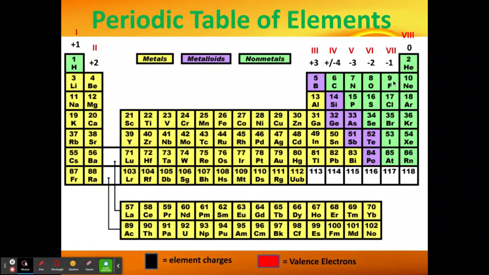Over here, they tend to gain 1 electron and become negative 1s. These are anions, right? These tend to gain 2, become negative 2. These tend to gain 3, become negative 3. This row has a mixture of things that could gain or lose 4. So that's what these numbers are. Your noble gases, of course, don't do anything like that. They don't gain or lose anything.